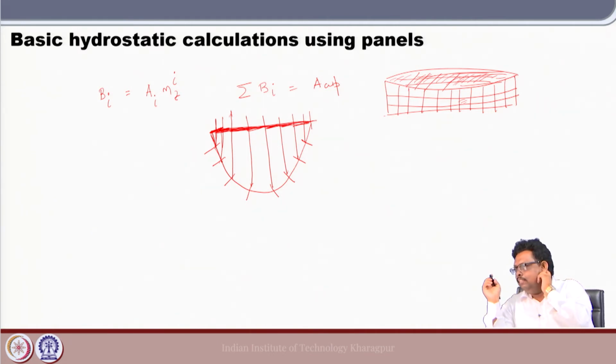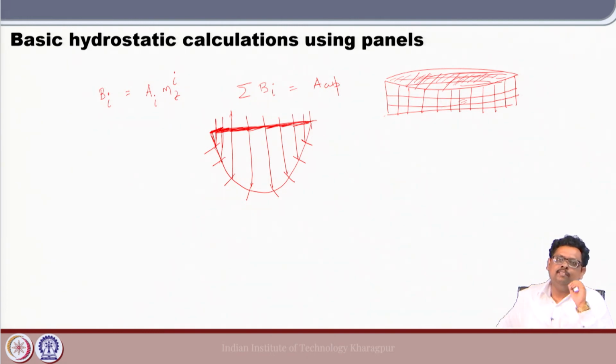Now you see that when you do the paneling, we already know how to get the area, and we already know how to get the normal to that panel. So I can take only the vertical component, which is n_z, and multiply with the area, and that gives me the water plane area. This is very important, and it also has to be correct.